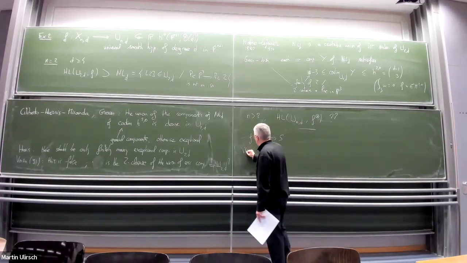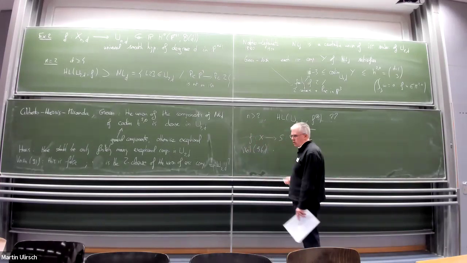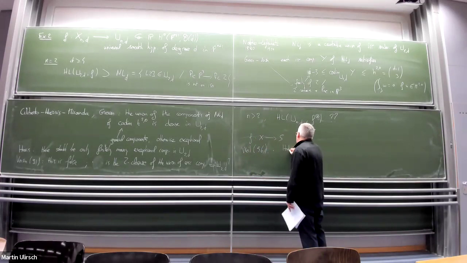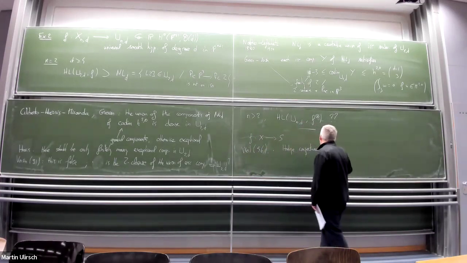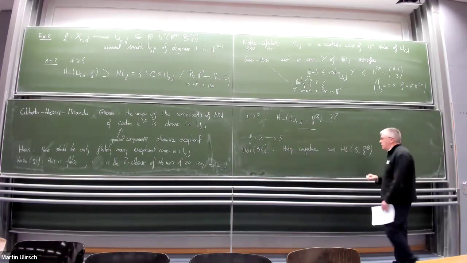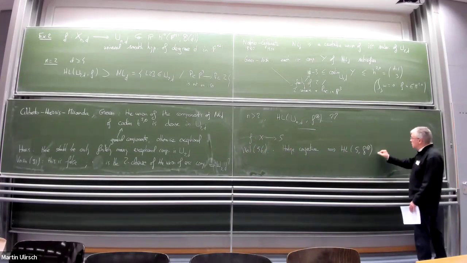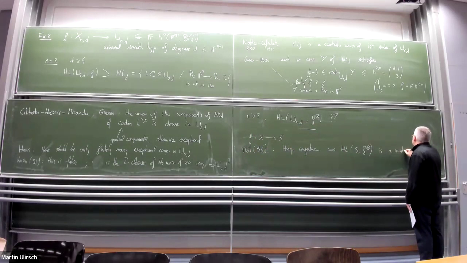Actually, in '56 they noticed that the Hodge conjecture implies that the Hodge locus of S tensor is a countable union of algebraic subvarieties.